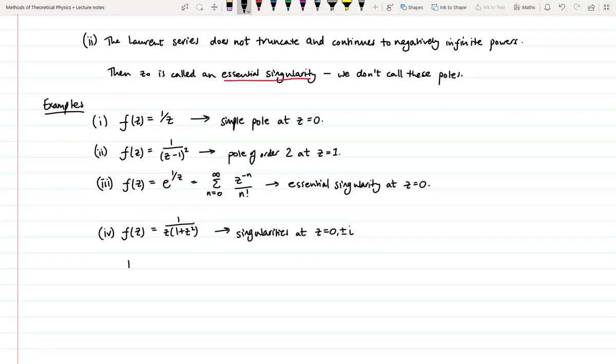The crucial point here to characterize these singularities is that for each singularity, we need to expand the function in a Laurent series in a neighborhood of the singularity that we're interested in. This is really important.